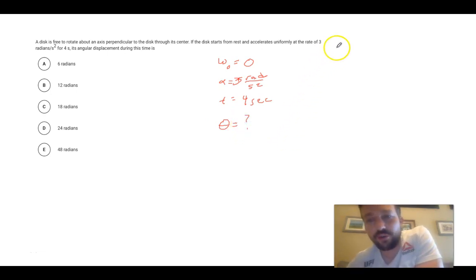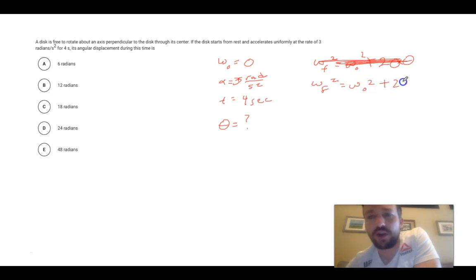Again, you need those three formulas. I don't want to write out all three formulas every time I do a problem, so I'm going to look at the stuff I have here and see if I can figure it out without writing it. The first one that comes to mind is omega f squared equals omega naught squared plus 2 alpha theta.